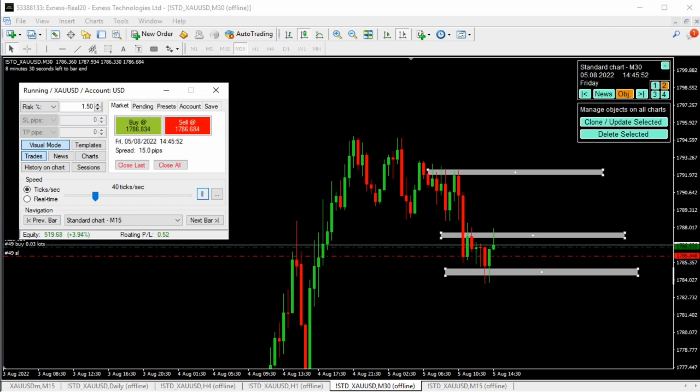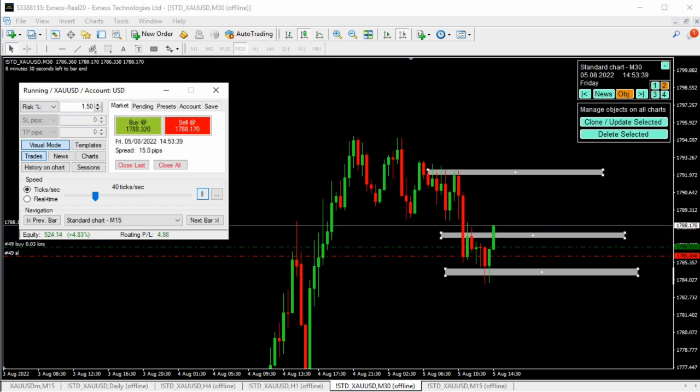Beautiful. So now we have our stop loss already activated. If price takes us out, then we know very well that we're going to be risking less. Sorry for the language barrier.